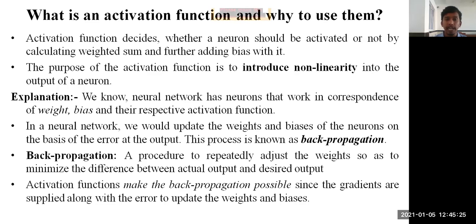The purpose of this activation function is to introduce non-linearity into the output of a neuron. Whenever you are not having a desired output, a bias can be added, and again you can reiterate your process. In a neural network, neurons work in correspondence with weight.